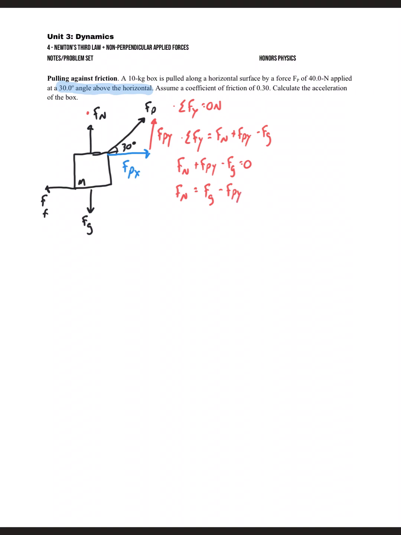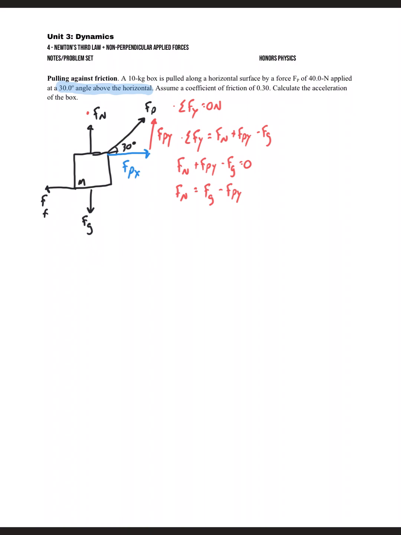It's actually a little bit less than Fg, because I'm pulling up at an angle, which is basically taking some of the weight off of it. And it seems to make sense. If I'm dragging something heavy across the floor, I would rather pull it up at an angle versus down, because as you can imagine, pulling down would increase the normal force. And so we'll do a quick example about what that looks like at the end of this. But here's what the normal force is.